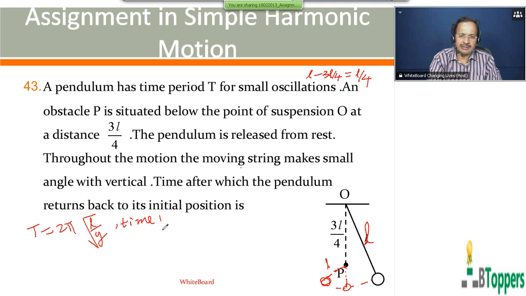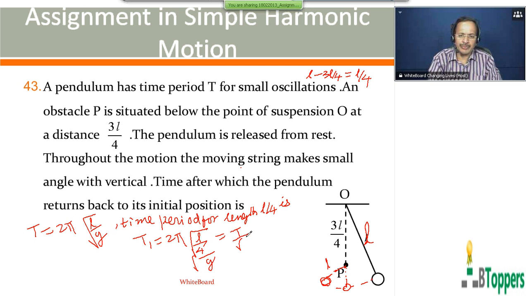So the time period for length l/4, denoted by T1, is 2π√((l/4)/g). You can write it in terms of the original time period: T1 is T/√4, or T1 can be written as T/2.